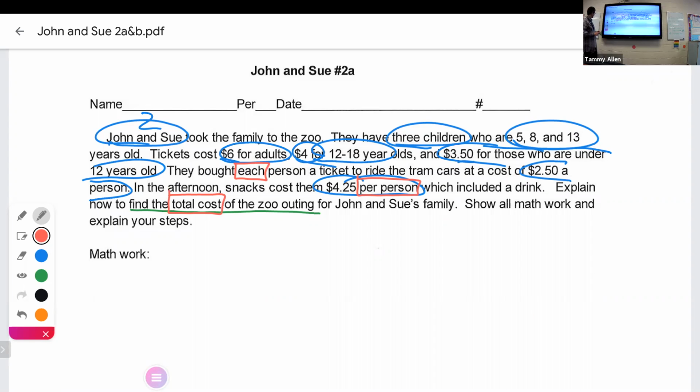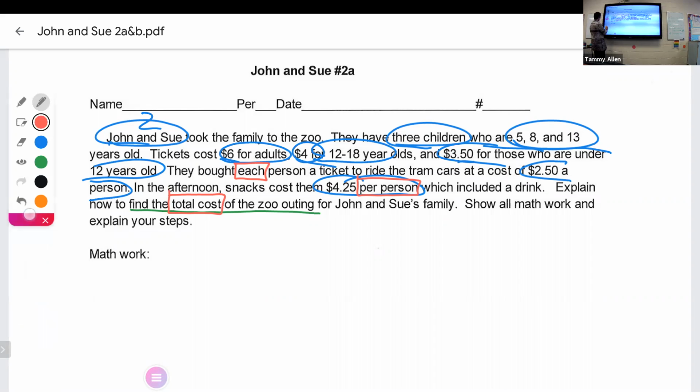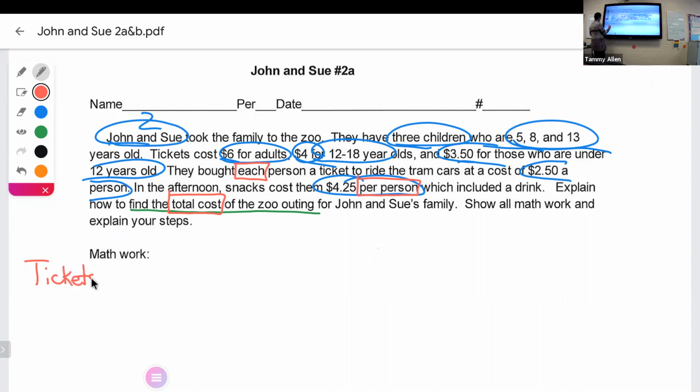All right, let's get to work then. Okay, so we have tickets to get in, right? What else do we have? We have snacks. Do we have anything else?